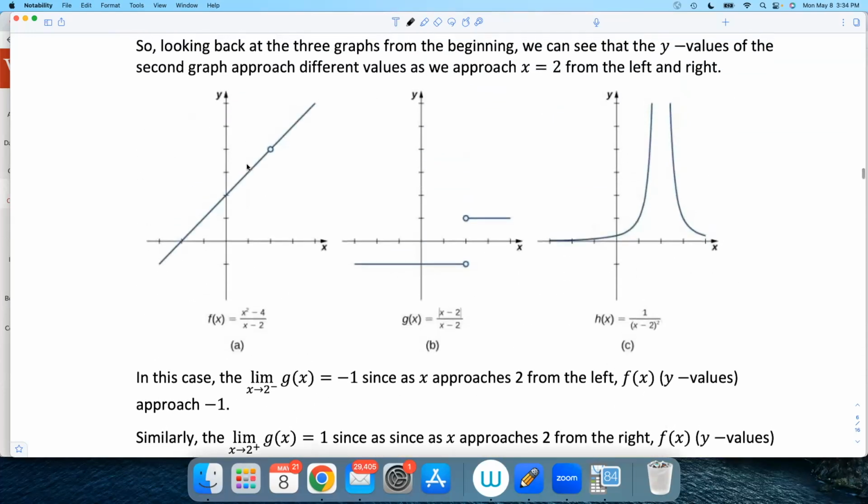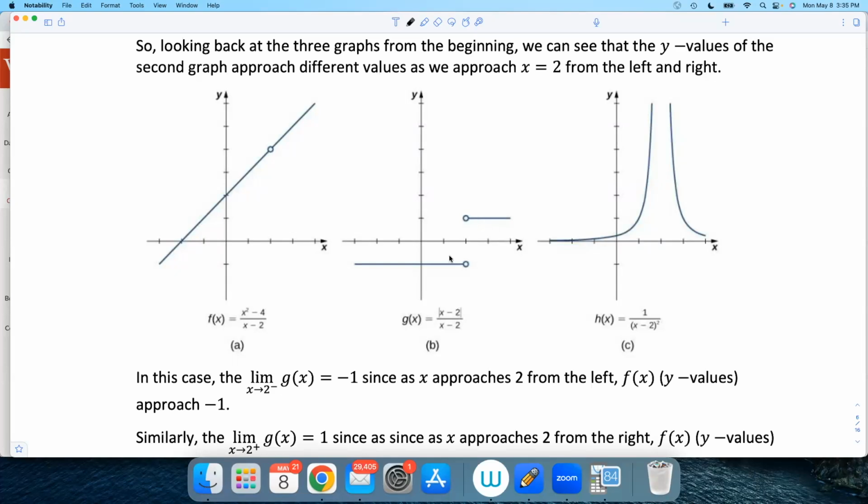So in this graph, when I approach from the left, all my y values are getting closer to, what was that, 4. When I approach from the right, all my y values are getting closer and closer to 4. The left-handed limit, the right-handed limit, they're both 4. Therefore, the limit exists and is 4.